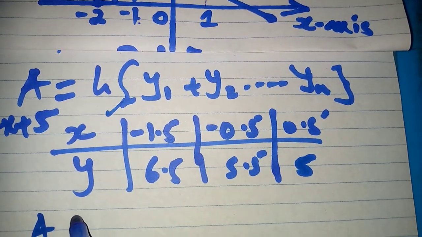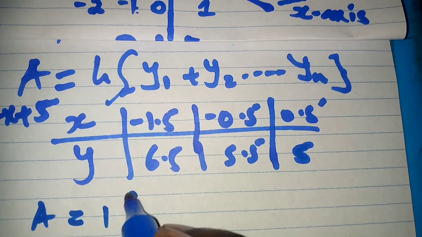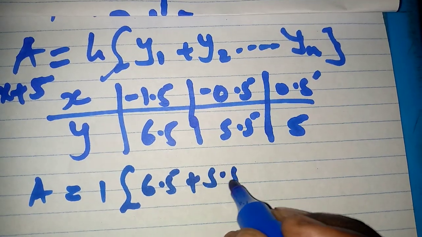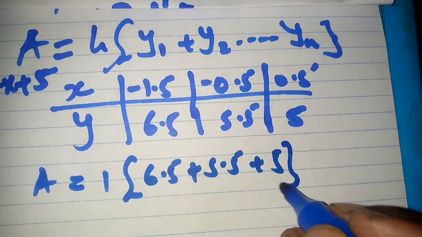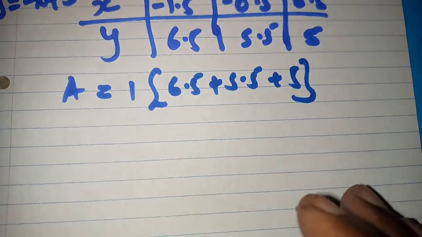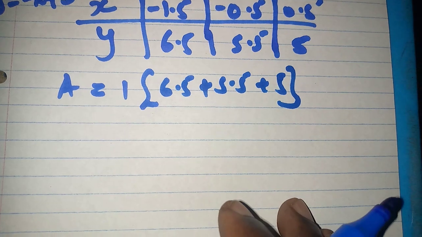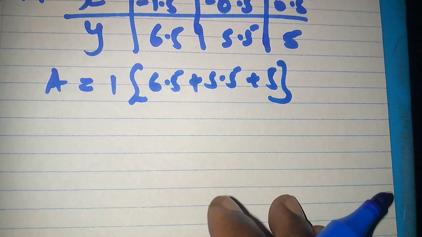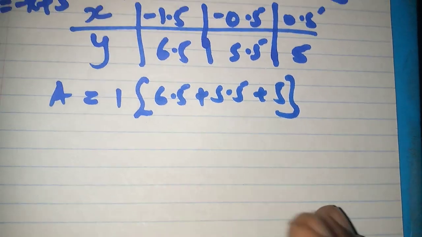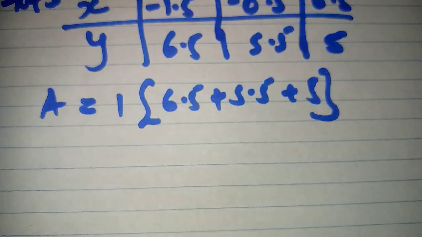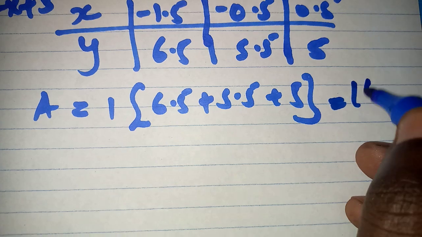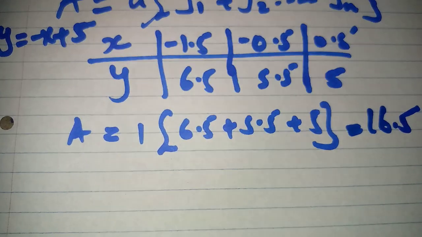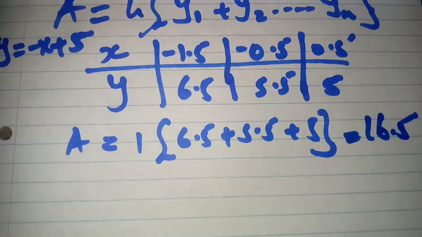So area now becomes 1 multiplied by 6.5 plus 5.5 plus 5. And doing that, of course, it is 16.5. You realize it is same all the way, like the other methods.